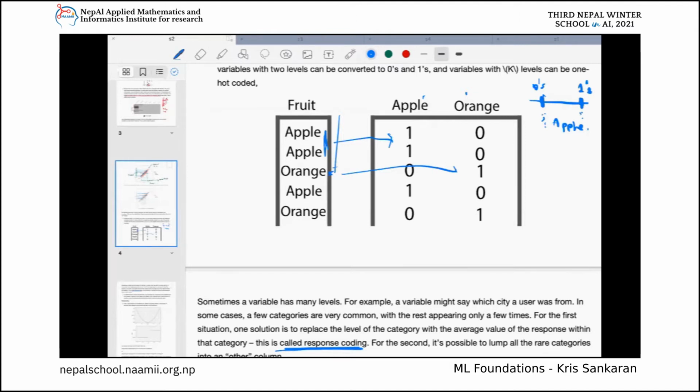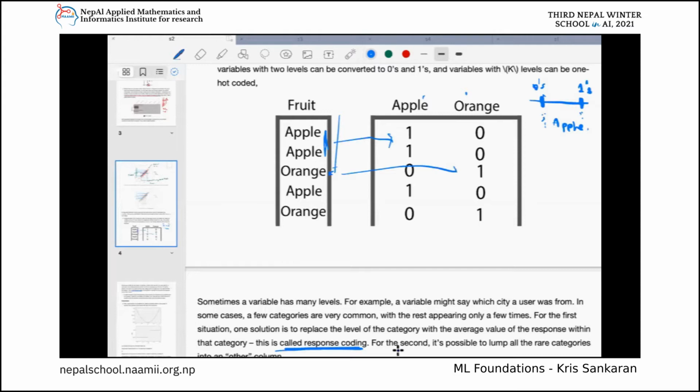But what you can do instead is take the average of all the responses within that city and use that as the predictor. You take those values, take averages in each group, and create a new column with the averages in each of those groups.